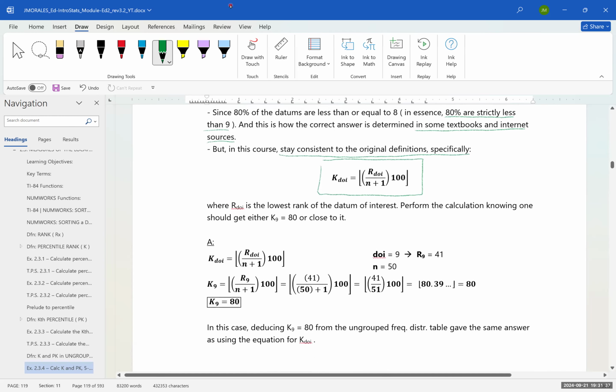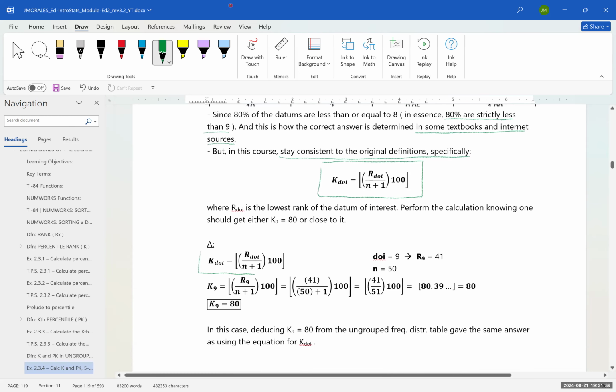Okay, so here we've got our formula for calculating percentile rank of our datum of interest. Our datum of interest is 9. The lowest rank of our datum of interest is 41. And our sample size is 50.